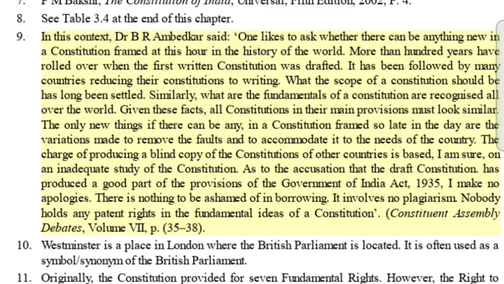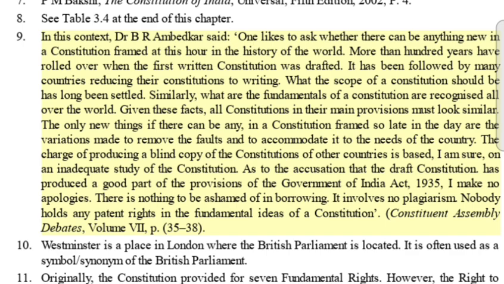What the scope of a constitution should be has long been settled. Similarly, what are the fundamentals of a constitution are recognized all over the world. Given these facts, all constitutions in their main provisions must look similar. The only new things, if there can be any, in a constitution framed so late in the day are the variations made to remove the faults and to accommodate it to the needs of the country.